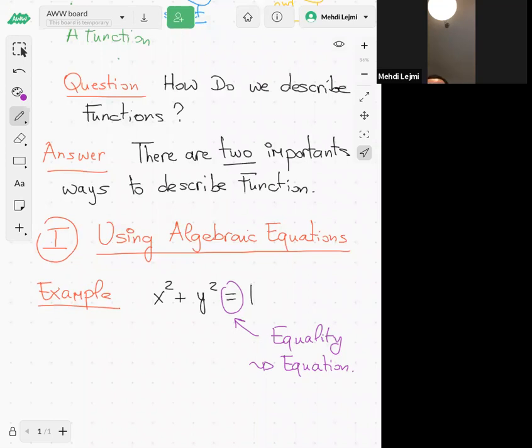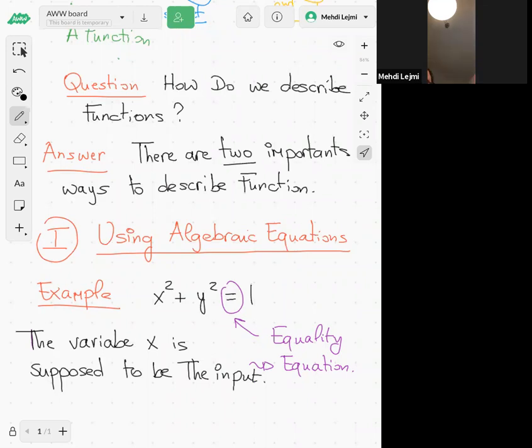And the variable x is assumed to be the input, and the variable y is assumed to be the output.